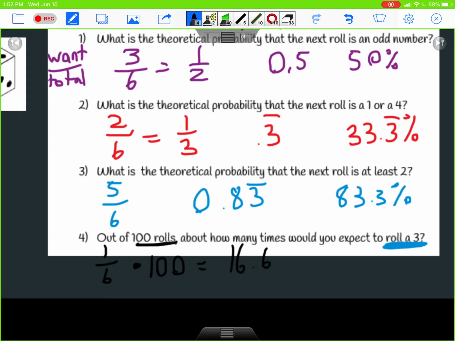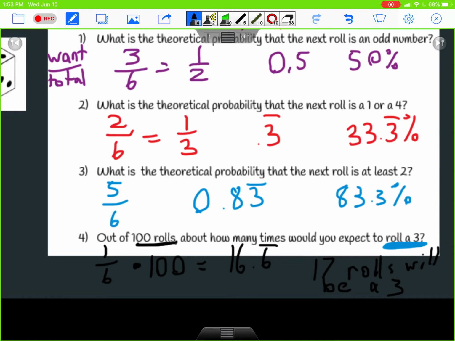And you will get 16.6 repeating. But you can't have 0.6 of a roll. So usually I round up to the nearest whole number. So I will say 17 rolls will be a 3.